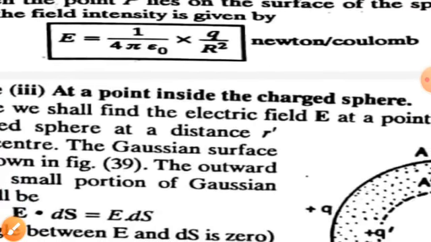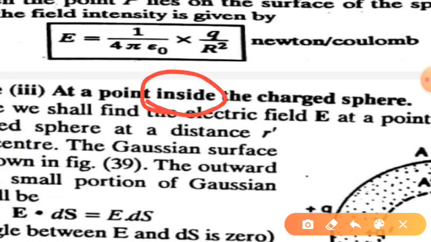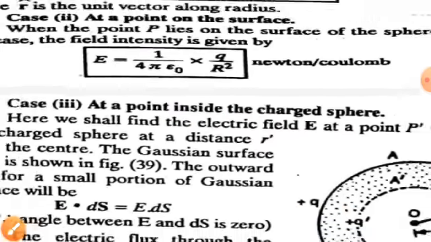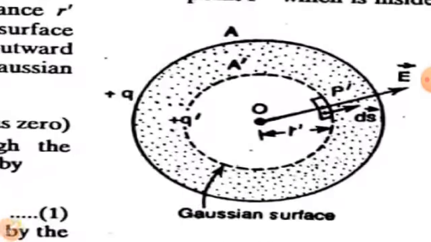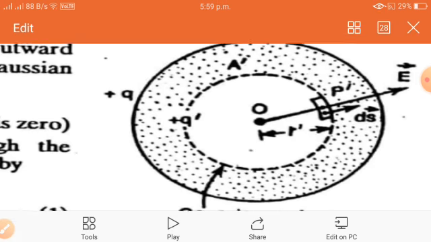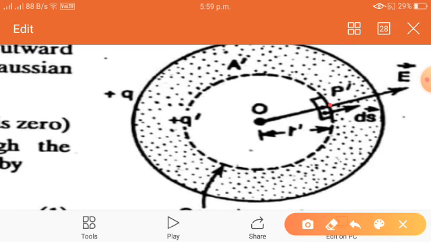Next, third point is electric field intensity at a point inside the charged sphere. For that, take a point P which is inside the charged sphere. For that, we construct a Gaussian surface.